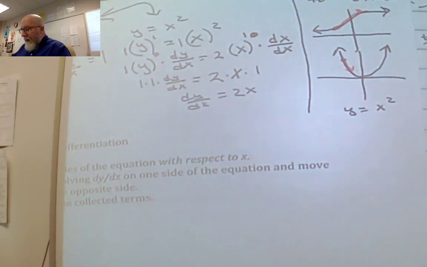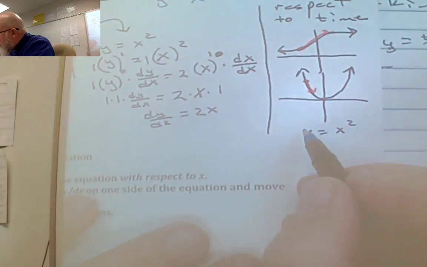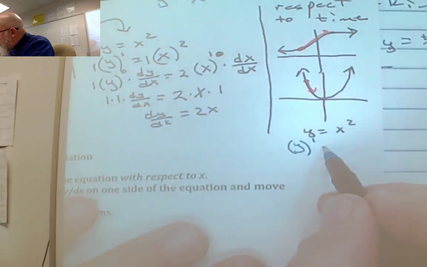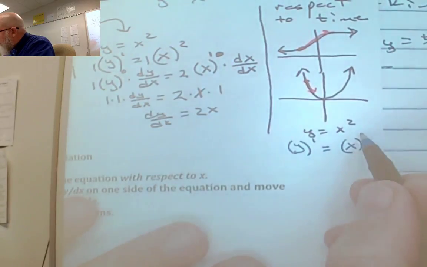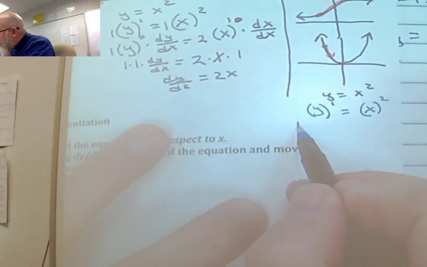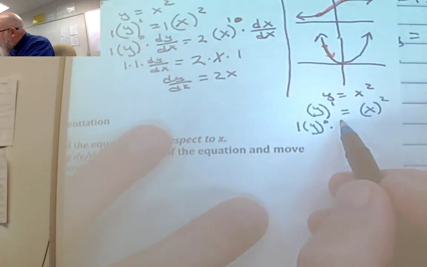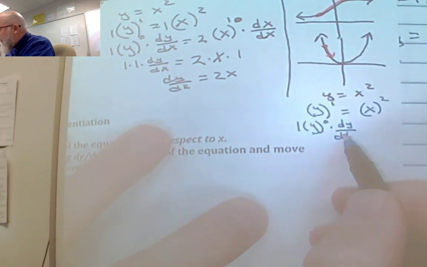So if I take the derivative with respect to time, and we're not going to do that today, we could say, okay, this is y to the first power, this is x to the second power. If I take the derivative with respect to time, I'd have a 1 here, I'd have a y to the 0 power, and then I'd have the change in y over the change in time.